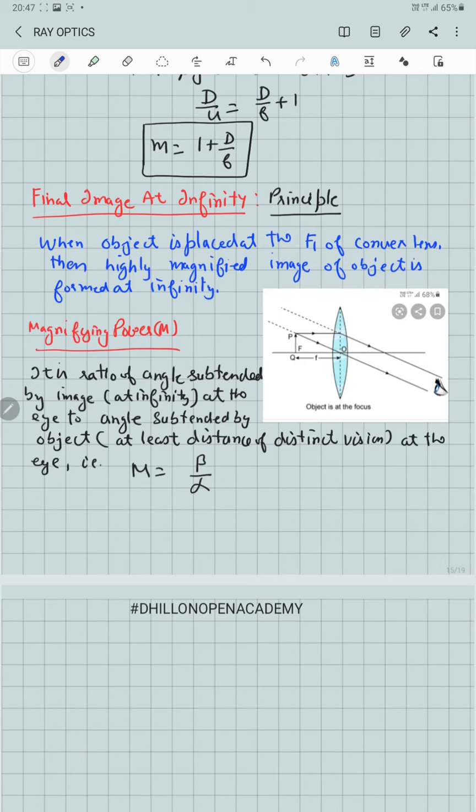So in this figure, angle POQ will be the angle beta, which is the angle formed by the image at the eye when the image is formed at infinity. Again, using the assumption that angles are very small, we can replace them with their tangents, tan beta and tan alpha.